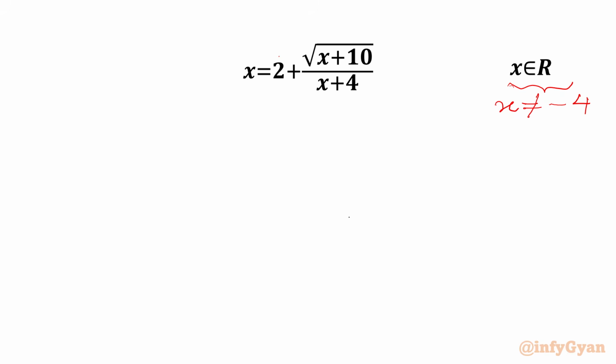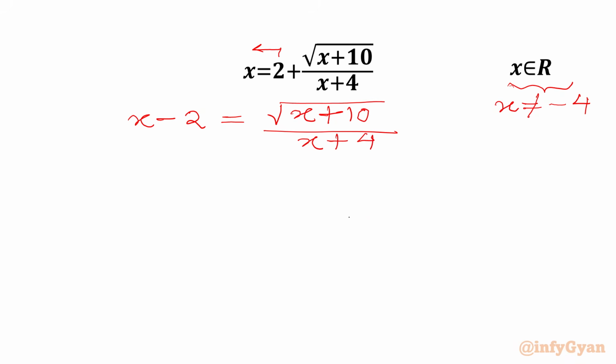Now we will subtract 2 from both the sides. We will get equation x minus 2 equal to square root of x plus 10 over x plus 4. X cannot be minus 4, so we can multiply both sides by x plus 4.